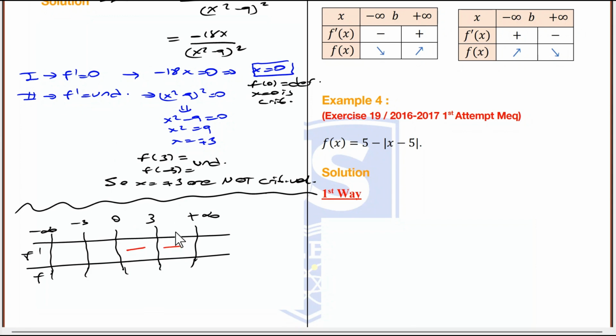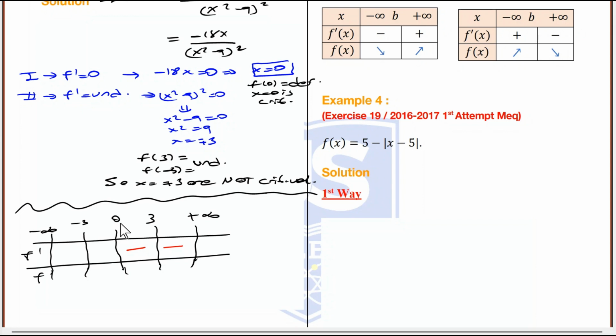See, without using a number from each region, if I directly start with negative and change the sign to positive, negative, positive, I would make a huge mistake. I have to be careful because there's a double root at 3. I cannot change the sign on each side of 3. So it's safest to pick a number from each region.